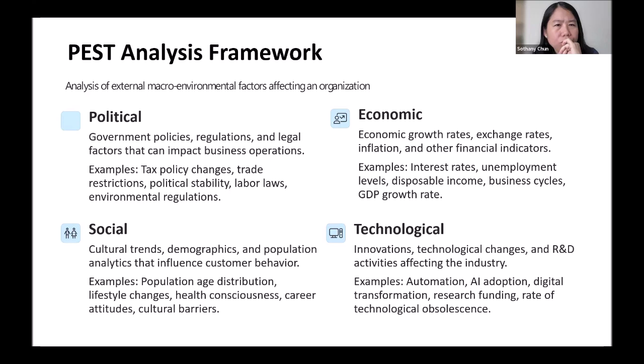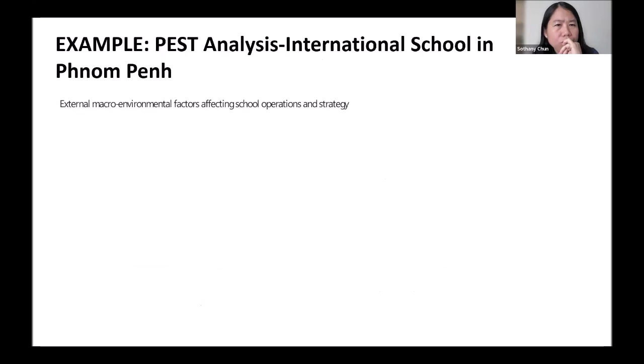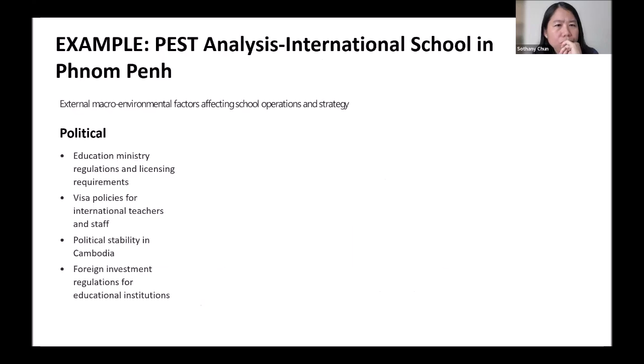In my next slide, I have an example for an international school in Phnom Penh. In terms of political: education ministry, regulation, license requirement. So we look at whether there's a restriction, right? For example, there's a recent announcement that the government will restrict international school licenses because they want to strictly review, so only qualified international schools will be allowed to open, something like that, but it's not fully blocked.